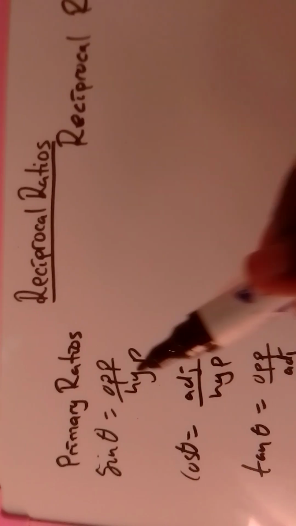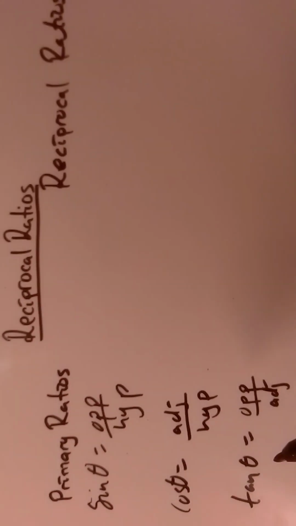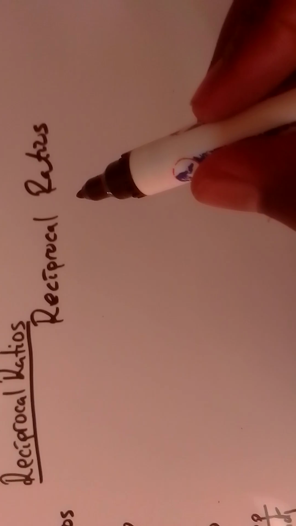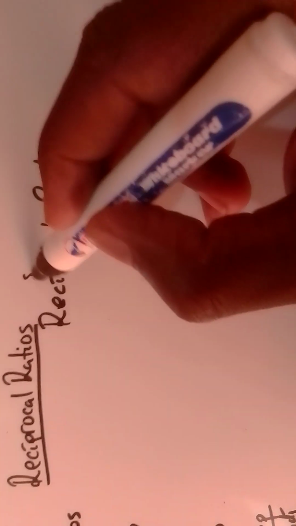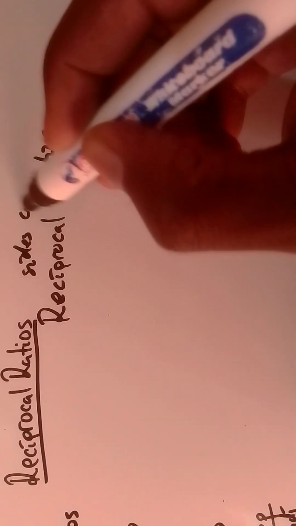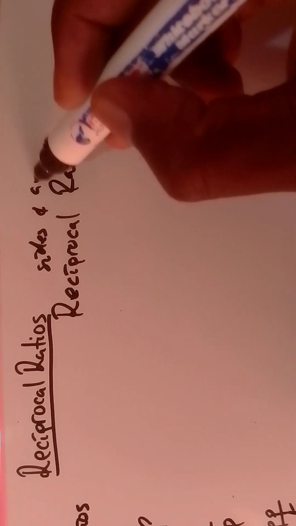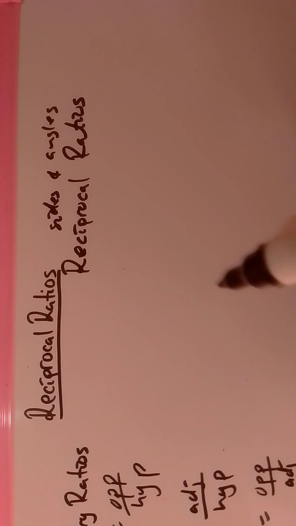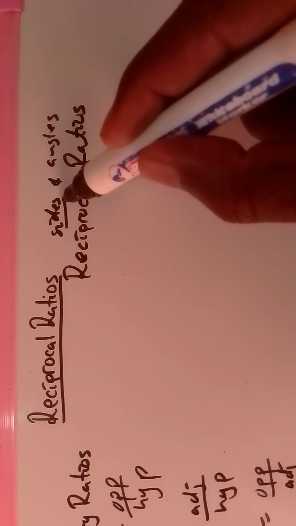Now, when we talk about reciprocal ratios, we're talking about the opposite of these primary ratios. We've got two kinds: the opposite of sides and the opposite of angles. We're going to start with the opposites of sides.